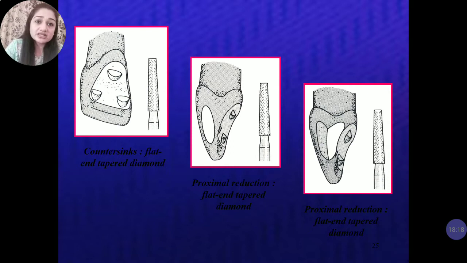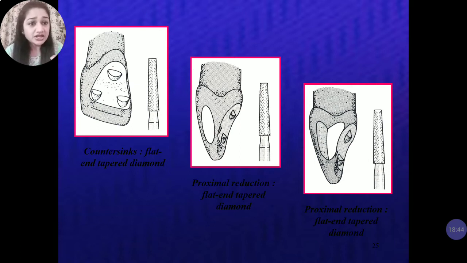So what is countersink preparation? Using a flat and tapered diamond, you make 3 markings on the palatal surface of your incisors, the depth of which is almost 0.5 millimeter. Then the proximal reduction is done so that the mesiodistal movement of your prosthesis does not happen.